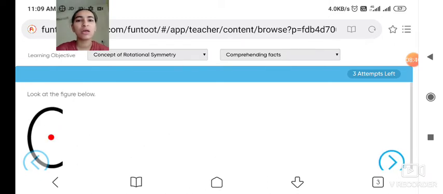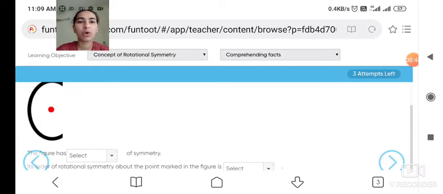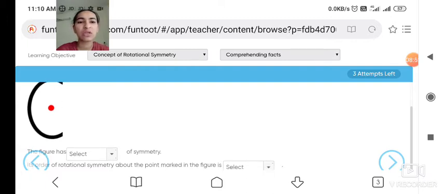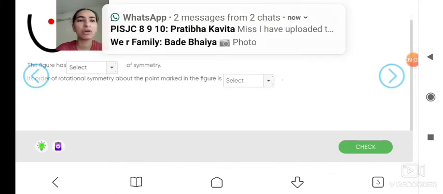Let's take another. Look at the figure below. You can see it looks like an oval shape or something like a circle. The figure has dash symmetry, 1 line of symmetry, 2 lines of symmetry. How many lines of symmetry do we have to find? Okay, and its order of rotational symmetry about the point marked in the given figure is.